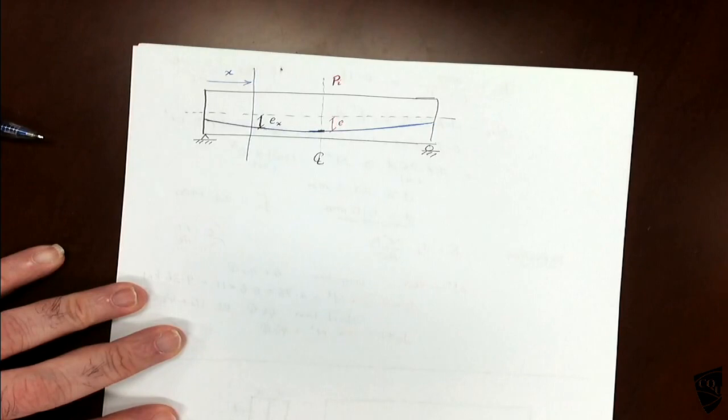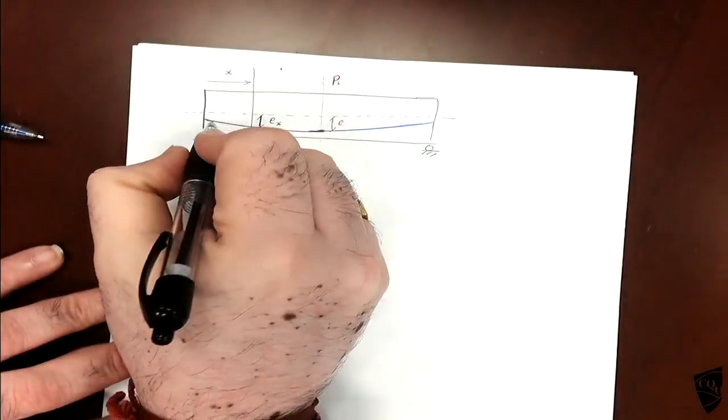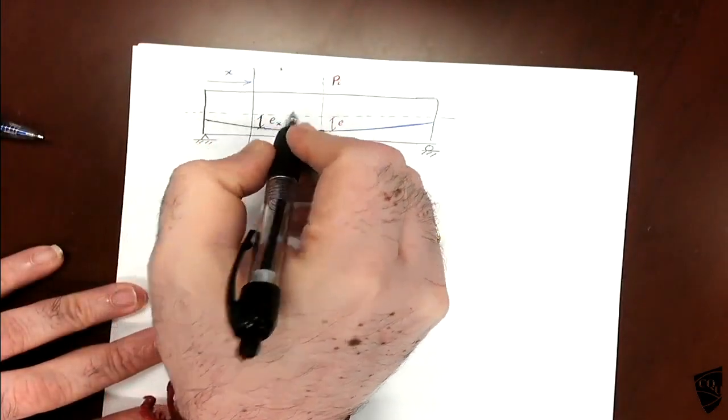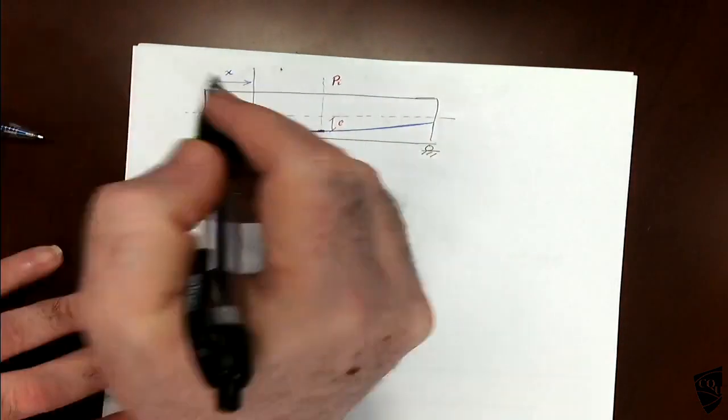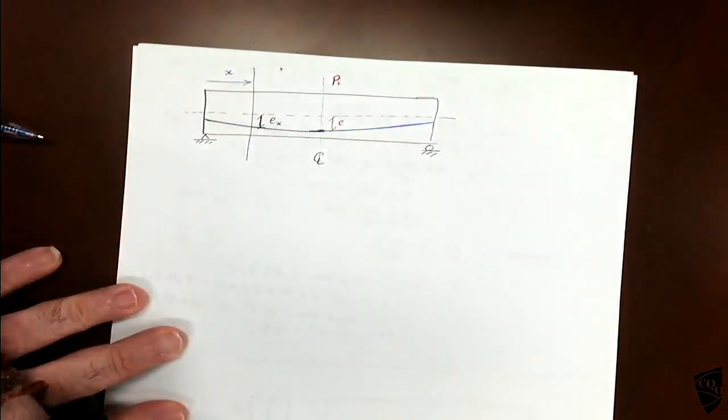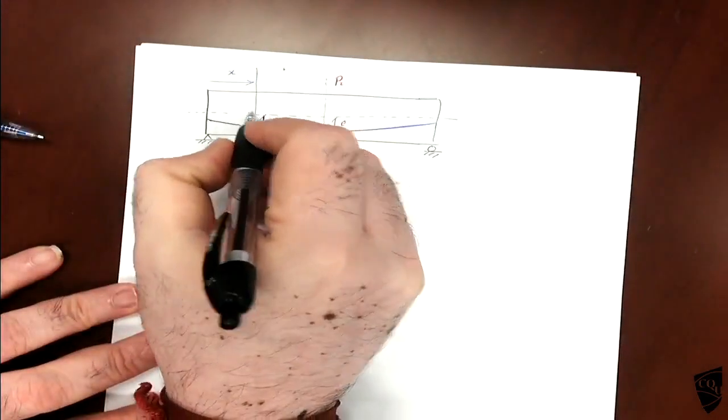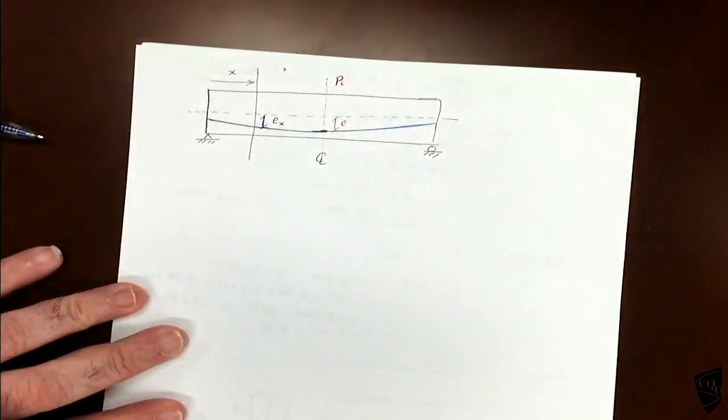Technically we need to find the eccentricity at distance x. If you have that, then you can change the x and you should be able to find all the values. So we need to find the eccentricity at distance x.